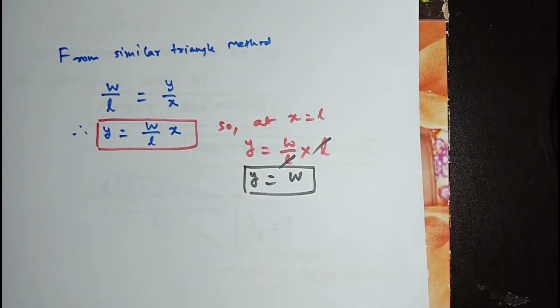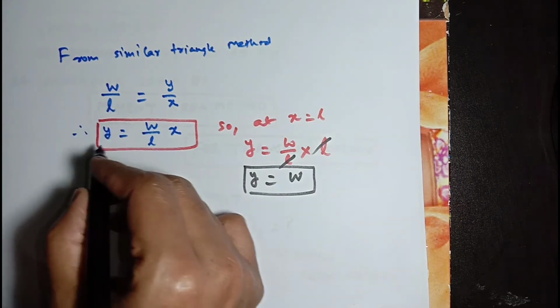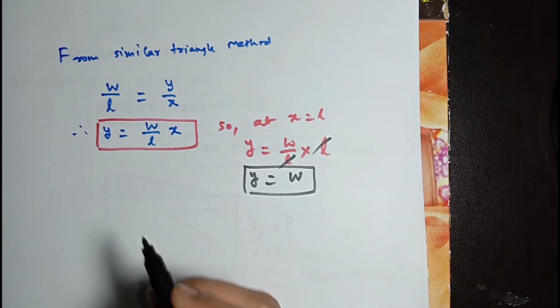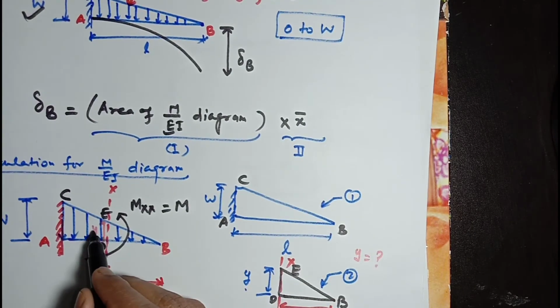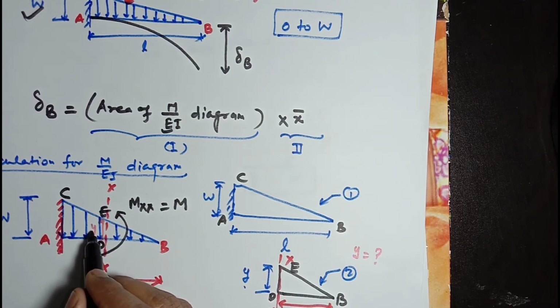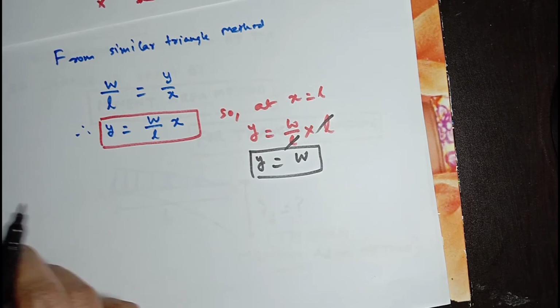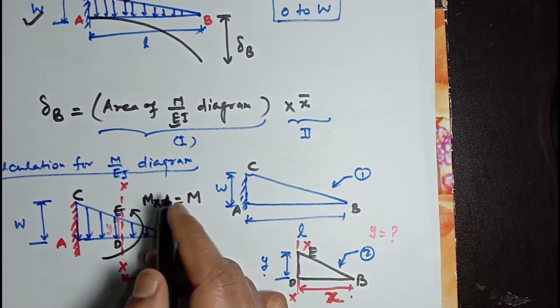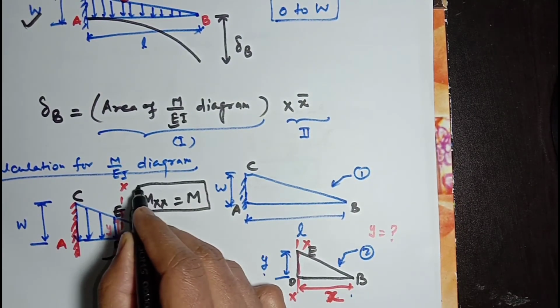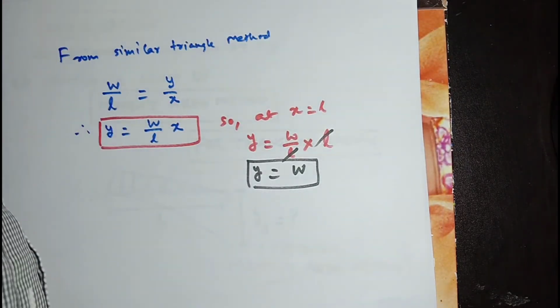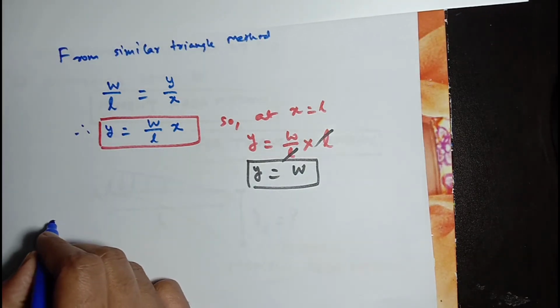Now we found the value of load at a section XX from point B, which is Y. So we will find the bending moment at section XX, shown as Mxx equal to M. This is the loading diagram.